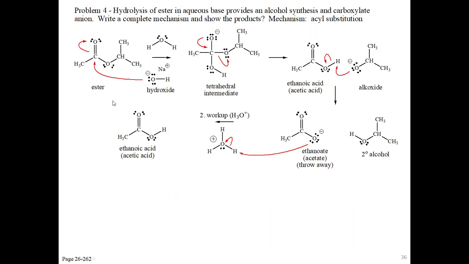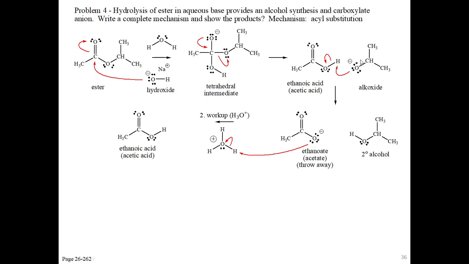I wrote out the mechanism again here, just in a series of more obvious steps. So we have an ester with the hydroxide, aqueous hydroxide. The hydroxide would tend to attack the carbonyl. We push up. Here's our tetrahedral intermediate. The O minus up here pushes back. It could kick off either group, but the group that we focus on is the alkoxide.